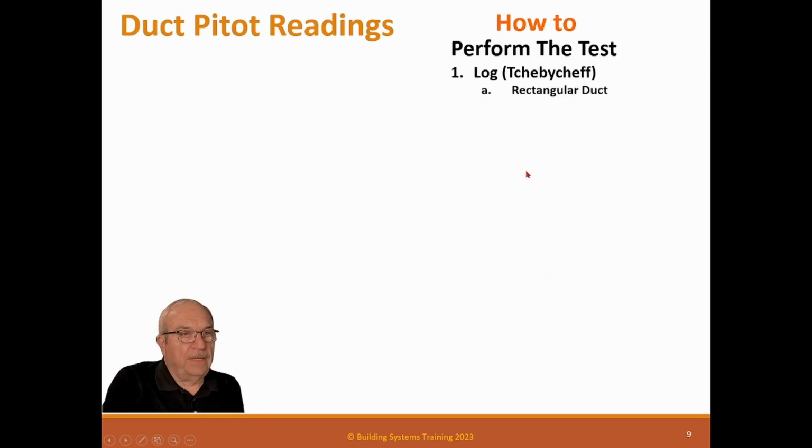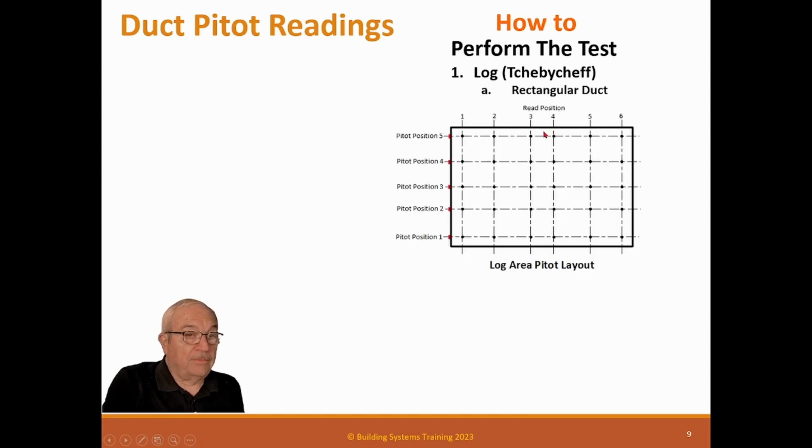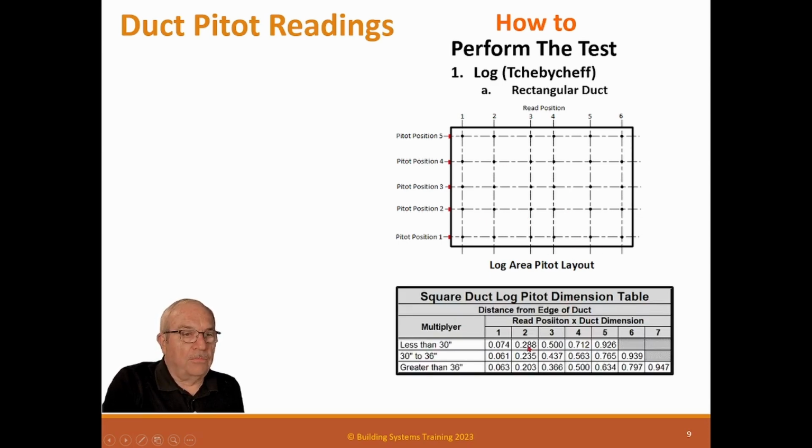Now the Tchebycheff, the log one, is a little bit more difficult. It's actually pretty easy, but you have to lay it out in the office. You're not going to do this in the field. You could, but it's a little bit harder. So here you have a square or rectangular duct, and here's the formula for it. These are percentages.